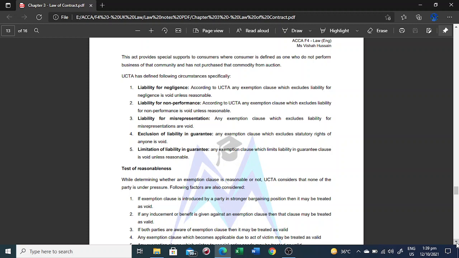In this case, this act provides special support to consumers, where a consumer is defined as one who does not perform business of that commodity and has not purchased that commodity from an auction. What do they mean? They mean that this act is going to specially support consumers. For example, the UK consumer law.